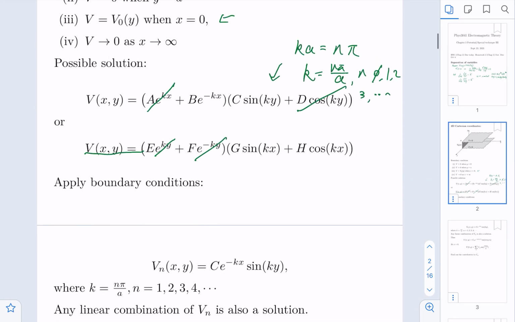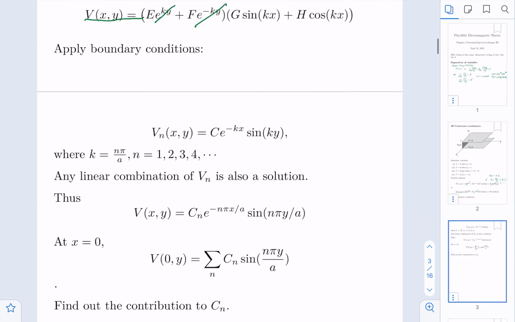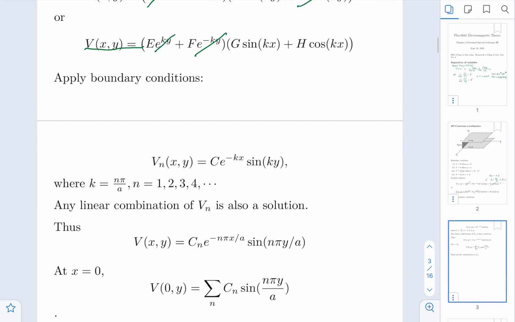The next thing you must be aware of is that because this V_n is a solution to the Laplace equation, any linear combination of V_n is also a solution to the Laplace equation.